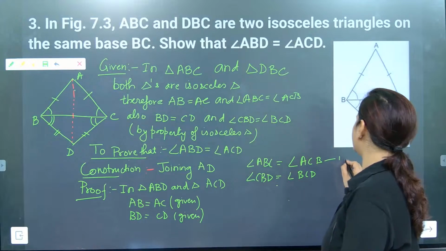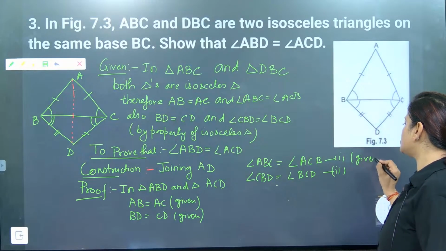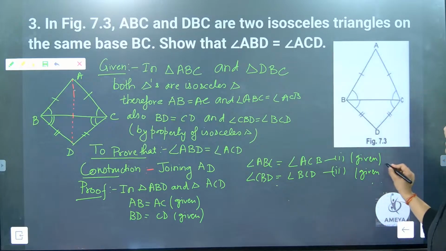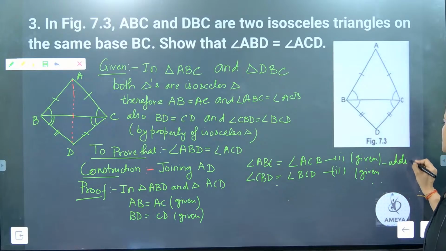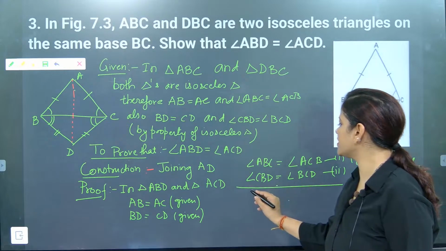Now we will add these together. They are equal. It is also given. Understood? So adding equation 1 and 2. Once we add, what will come?